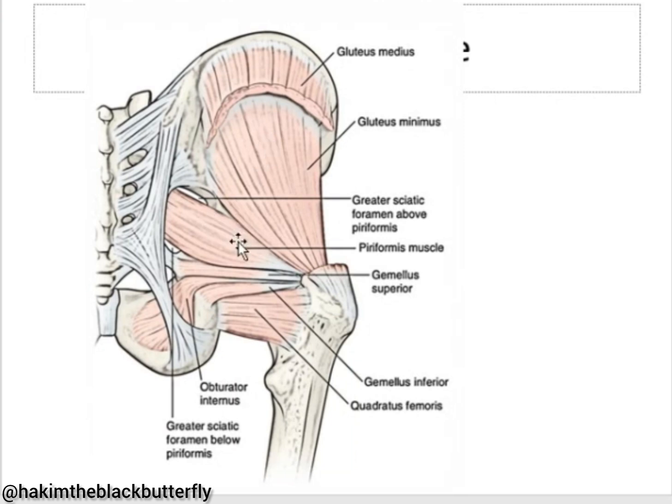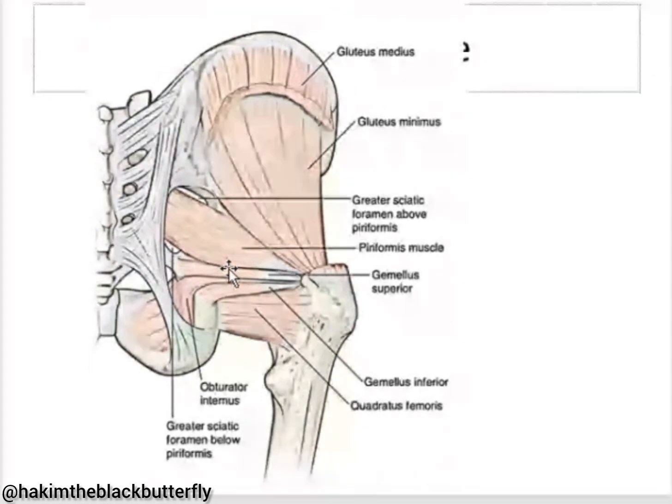And then the piriformis, the gemellus superior, the obturator internus, the gemellus inferior, and the quadratus femoris, these ones rotate the thigh laterally at the hip joint. And those are the muscles of the gluteal region.